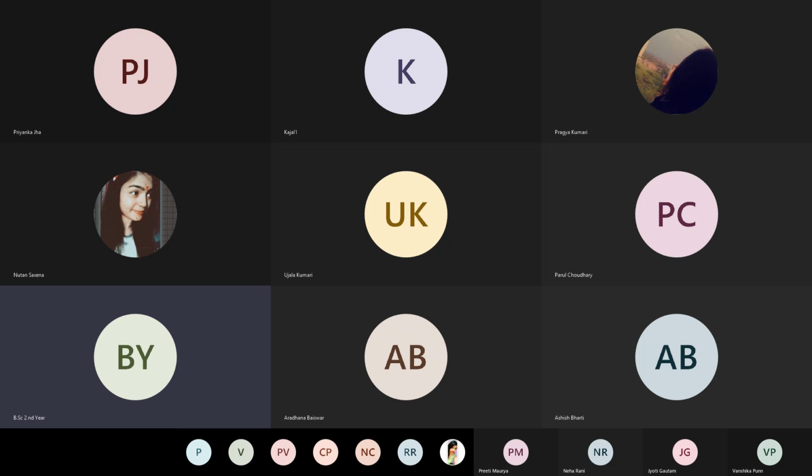Next is phenoxymethyl penicillin. Now in this we will see what medicines are included. The very first one is phenoxymethyl penicillin. Second is methicillin, fluoxacillin, ampicillin.